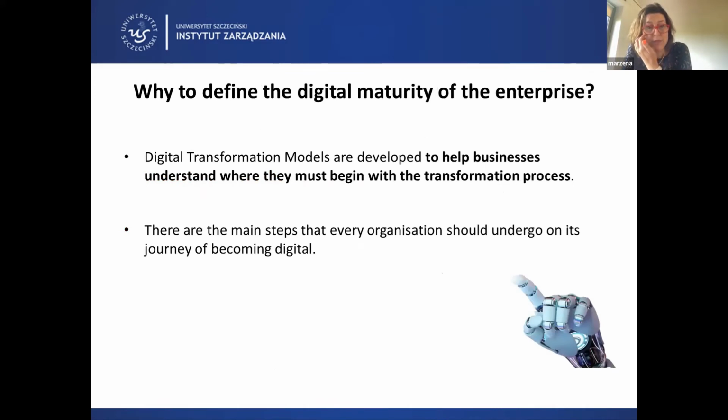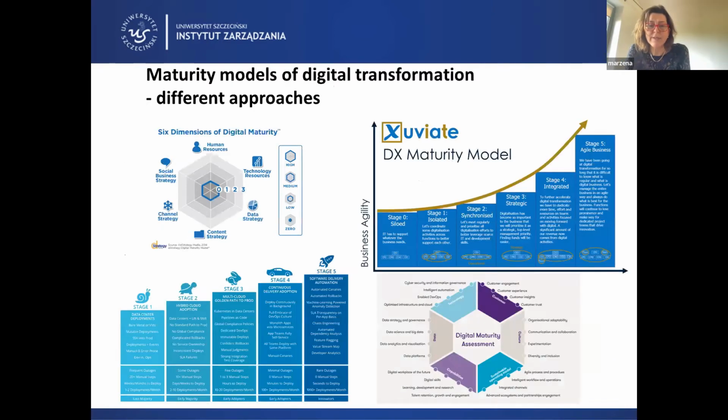These maturity models of digital transformation are developed to help businesses and managers understand where they must begin the transformation process and where they presently are. Next slide, please. You can find different approaches to developing maturity models of digital transformation, and here are some examples.